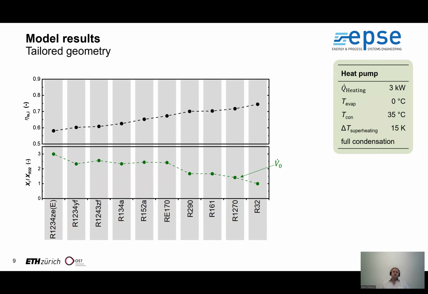The black dots show the calculated isentropic efficiencies, and we see again that compressor efficiencies are strongly refrigerant dependent, although the geometry is tailored. And for example, R32 has a 28% larger efficiency than the worst fluid, R1234ZE.